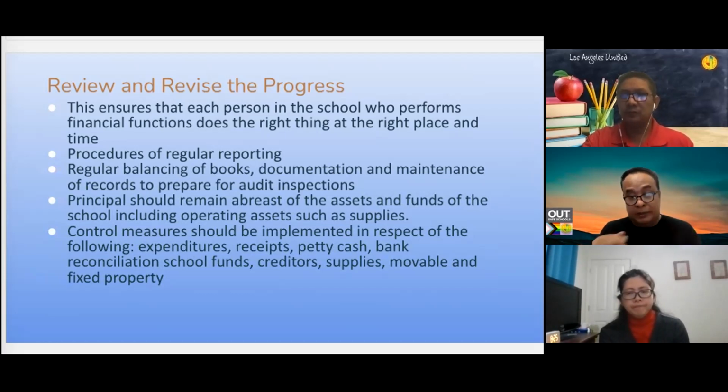That's why there has to be some sort of reports on those. Creditors, supplies, and that includes also movable and fixed property. So once this whole system, the whole step, has been done, it comes up full circle.